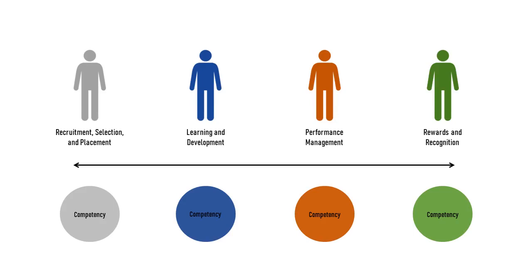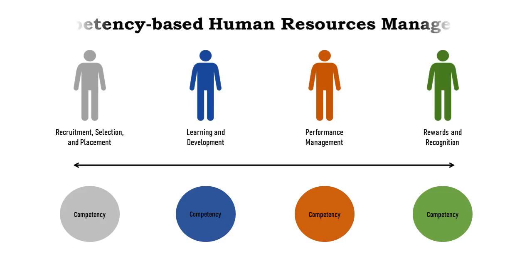It's very consistent and it's very visible, and it will avoid any confusion, and it always leads to what an organization's goals and objectives are. So this is how the competency-based human resource management plays a crucial role.